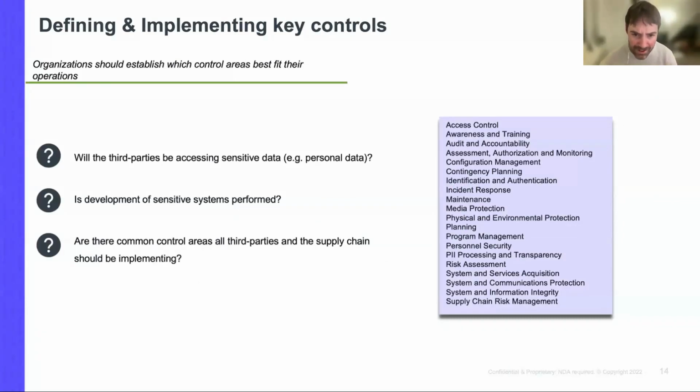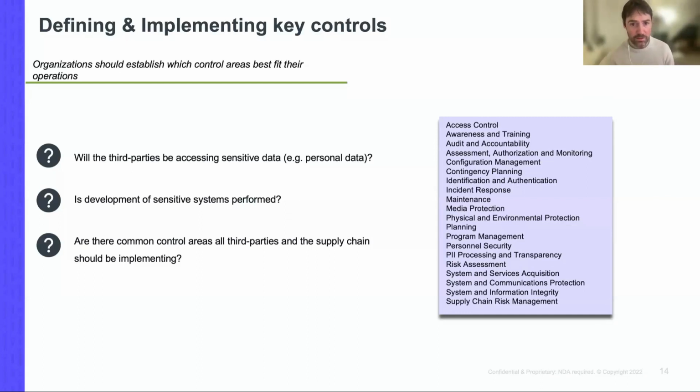And what this looks like in practice is these areas that we can see on the right-hand side, from access control through to supply chain risk management. These are the control families of 853 where there's been that enhancement and where we need to start thinking about, so will third parties be accessing sensitive data, such as personal data? If so, do we need to look at access control?